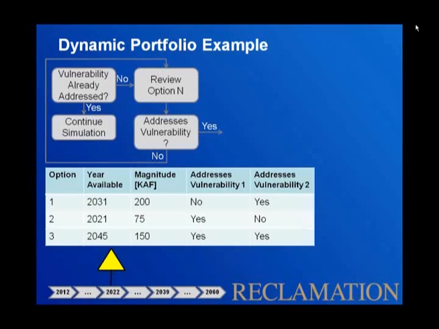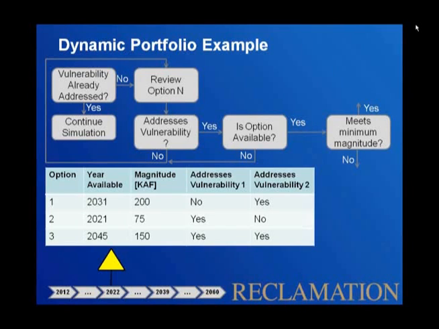If it does help with the issue at hand, we're going to continue and ask, is the option available? You can see in this example table, only one of the three options is in fact available in 2022, so we'd want to make sure that we actually have something that's not a big infrastructure project that needs another decade before it's available. So assuming that option is available, we proceed.